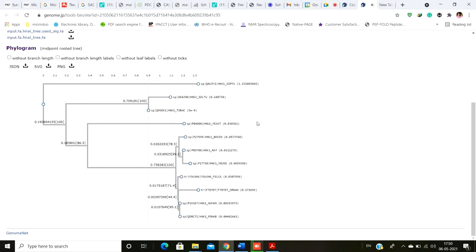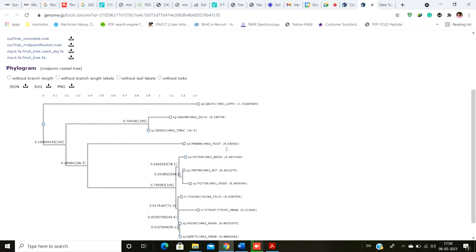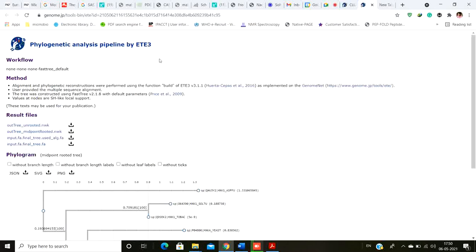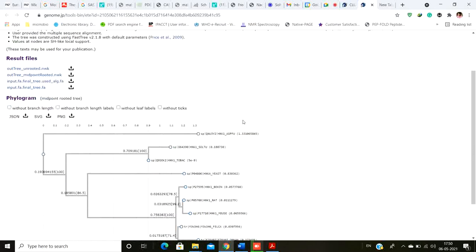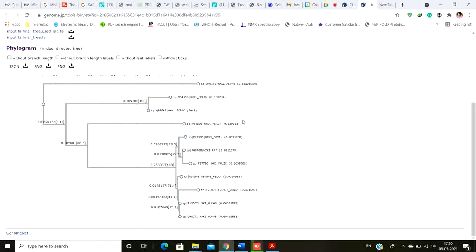But if you have more than 10, or 20 or 30 sequences, then of course the evolutionary tree that you get is going to be much more authentic, and the data that you can derive out of it is also going to be much more authentic. Understand?